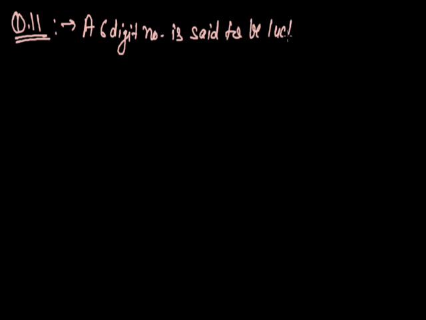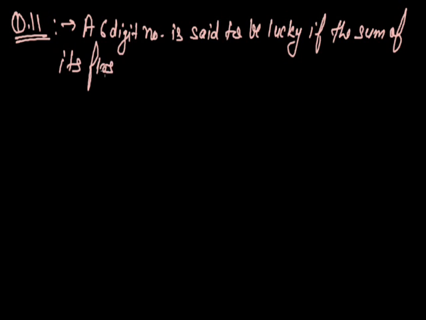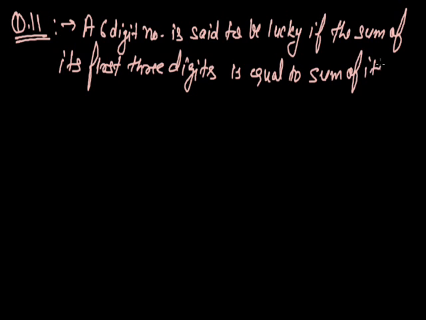Moving to our next question, question number 11, that is given to us as: a 6-digit number is said to be lucky if the sum of its first 3 digits is equal to the sum of its last 3 digits.